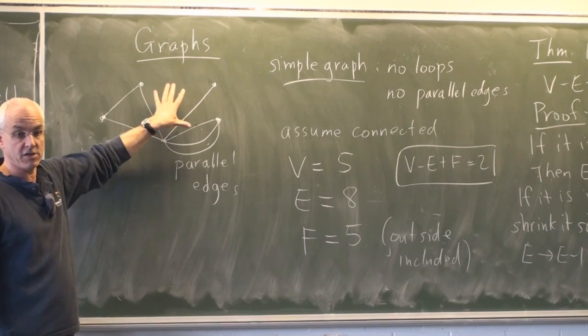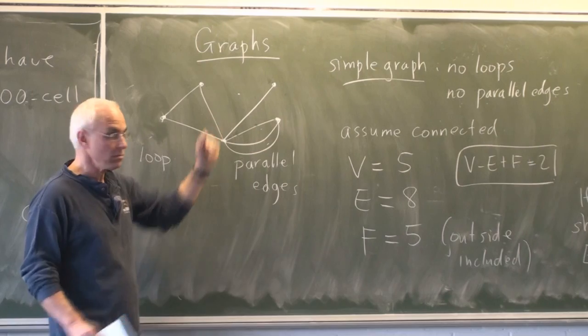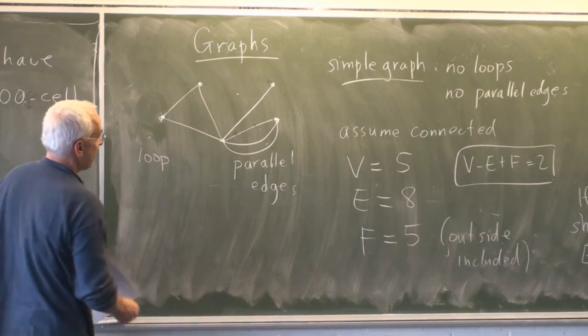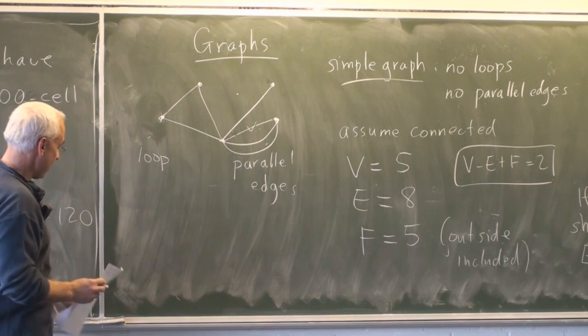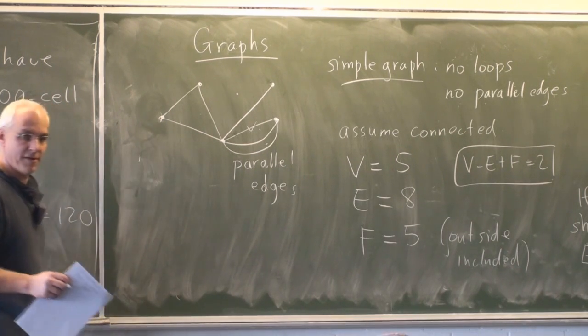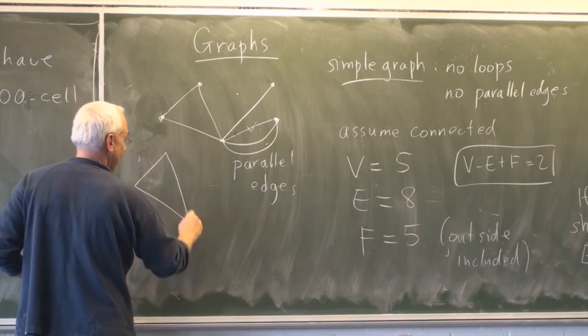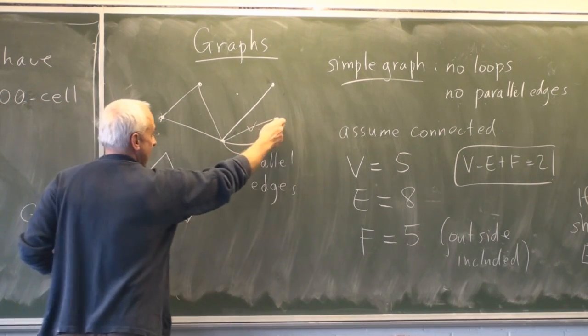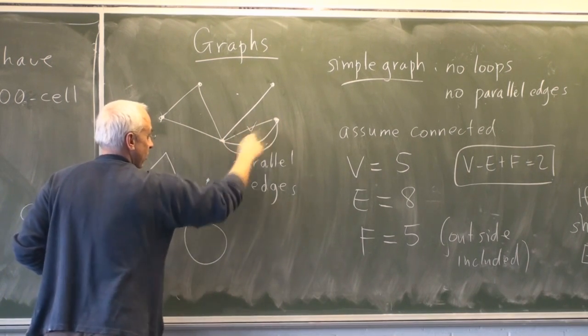We started with not necessarily a simple graph. We allowed loops and parallel edges. So let me illustrate. Let's suppose we pick this edge right here. I'm going to shrink that, just like imagine an elastic band and pulling it together. Now that's shrunk to there.